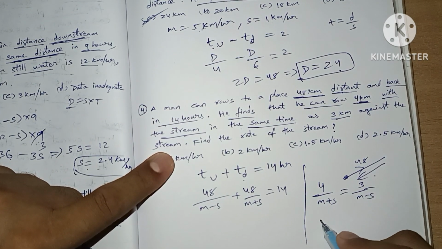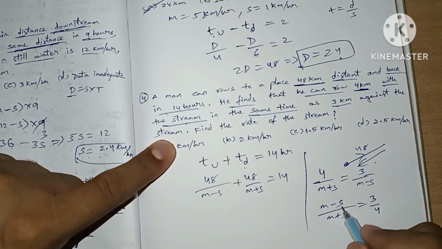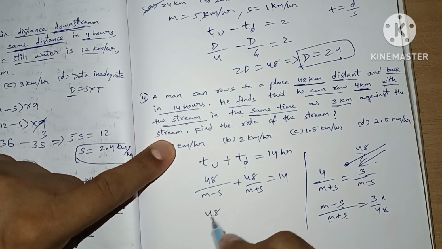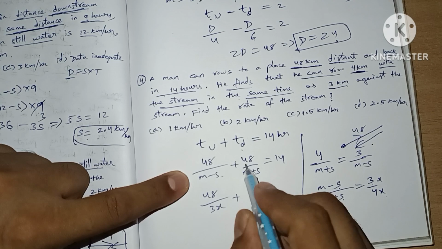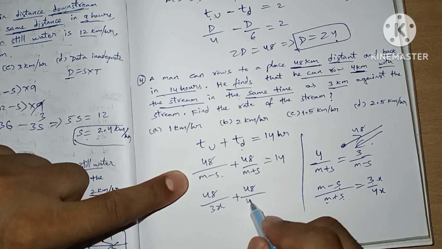Let's make this M minus S by M plus S equals 3 by 4. So instead of M minus S, we can write 3x, and M plus S, we can write 4x. So 48 divided by M minus S, which is 3x, plus 48 divided by M plus S, which is 4x.